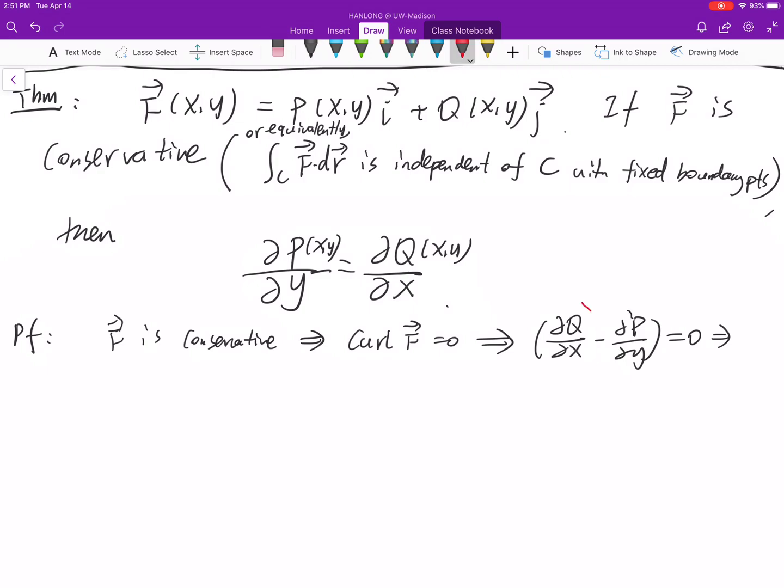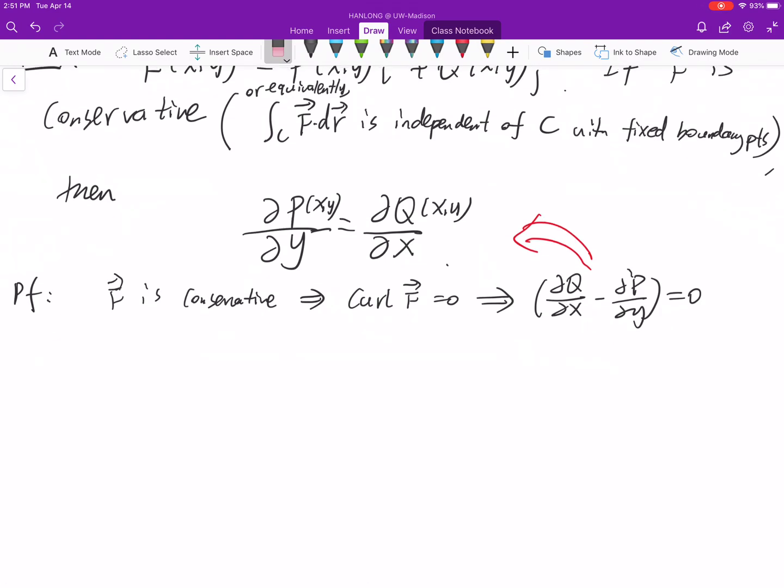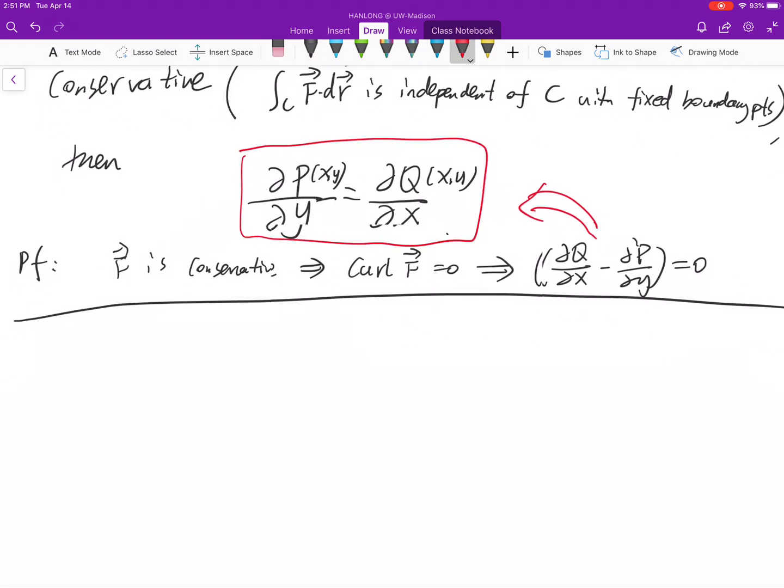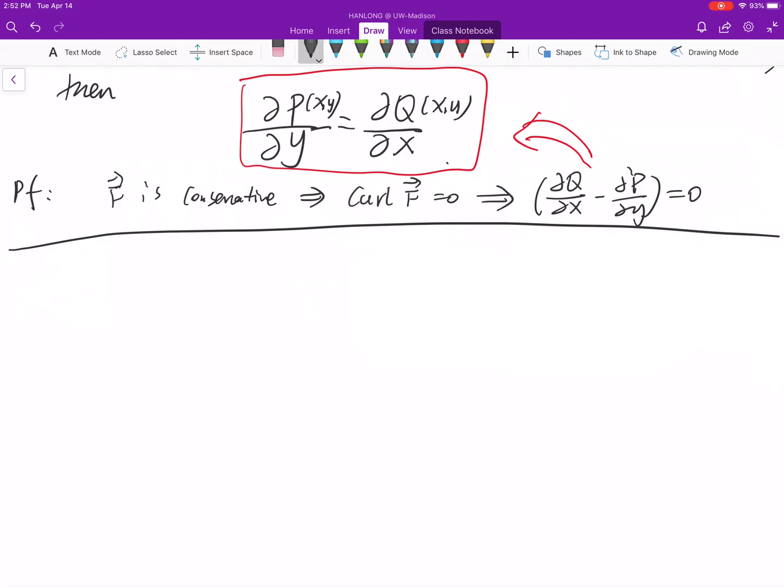Then you have this one. It's just another way to narrow down the necessary condition, curl F equals 0 in 3D, to 2D. Okay, you have this numerical criterion. And we would like to know when this is true inversely.